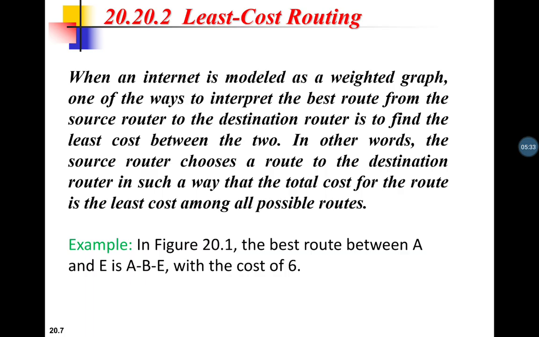Next, let us see about least cost routing. When the internet is modeled as a weighted graph, as we have seen earlier, one way to interpret the best route from the source router to the destination router is to find the least cost between the two. In other words, the source router chooses a route to the destination router in such a way that the total cost for the route is the least cost among all the possible routes.